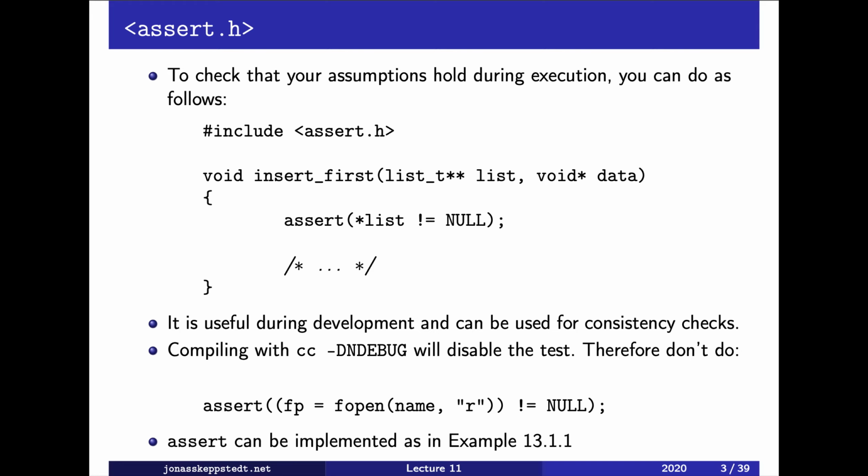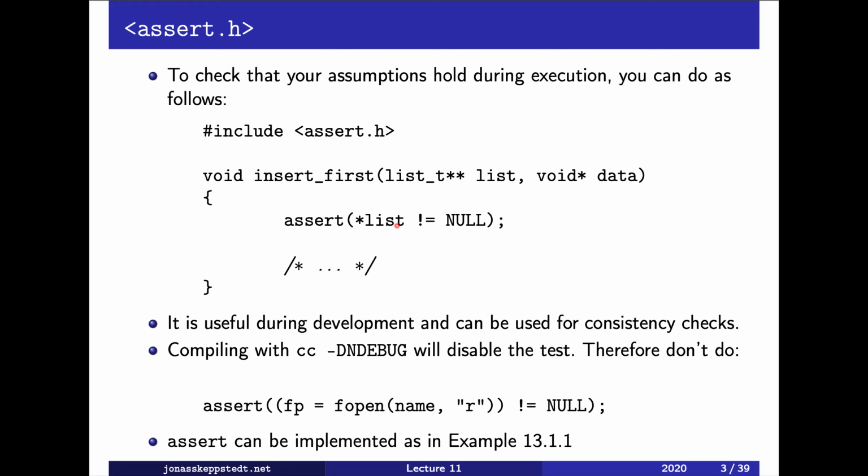It is a macro, and it can be used to check if our assumptions about the state of the program are actually true at runtime. For instance, here we assume that the star list is not a null pointer, and if it is, then the program will terminate.